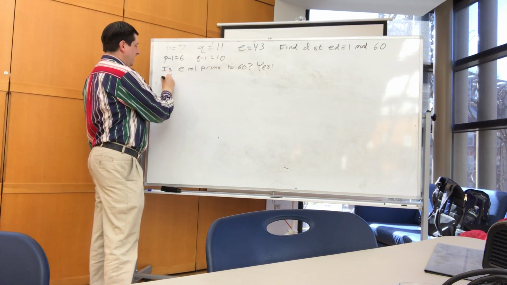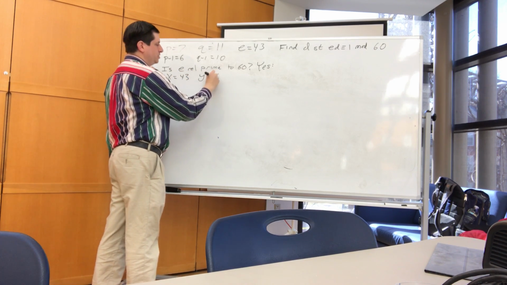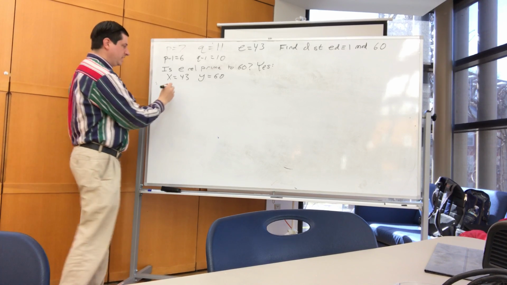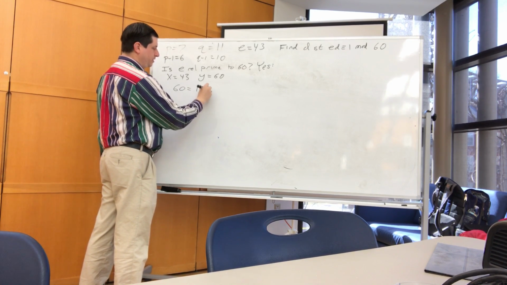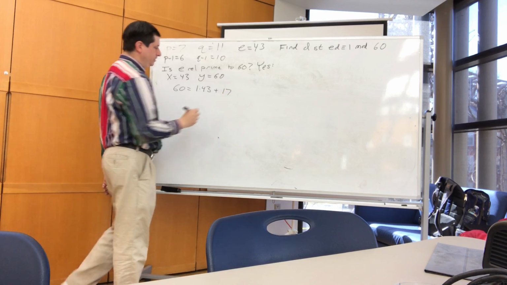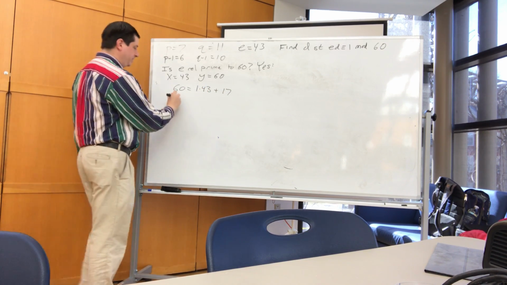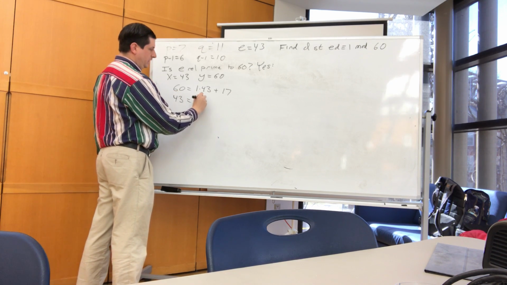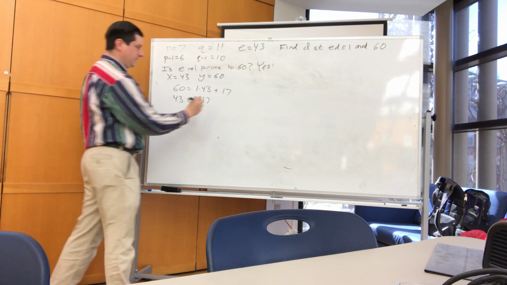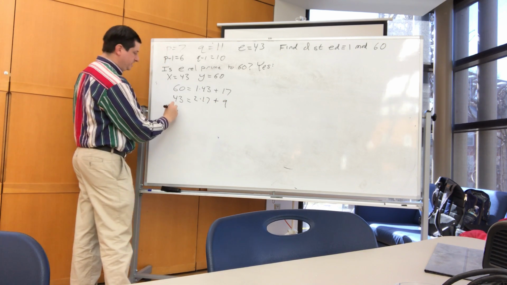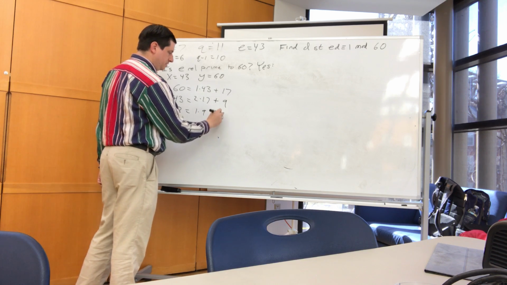So I've got x equals 43, y equals 60. I write 60 as 1 times 43 plus 17. Then I write 43 as how many 17s? Two 17s would be 34, plus 9. Then I write 17 as 1 times 9 plus 8.